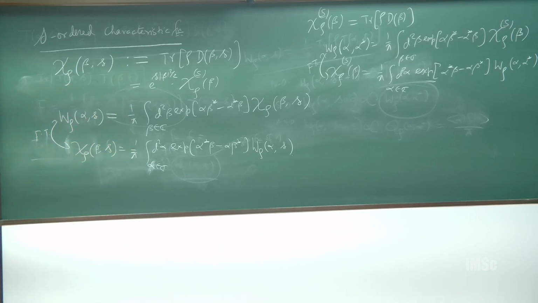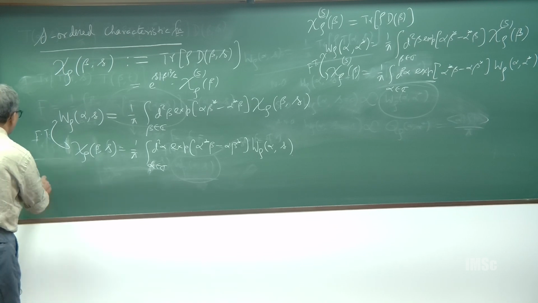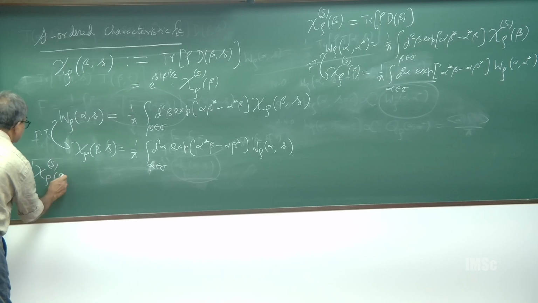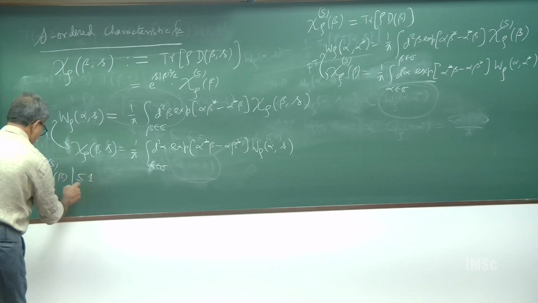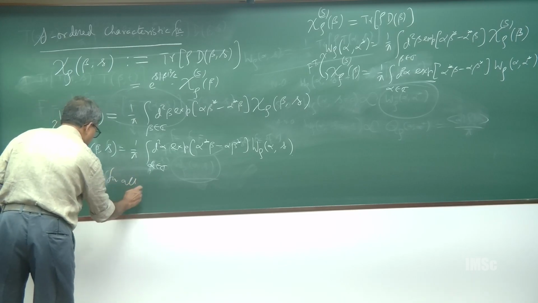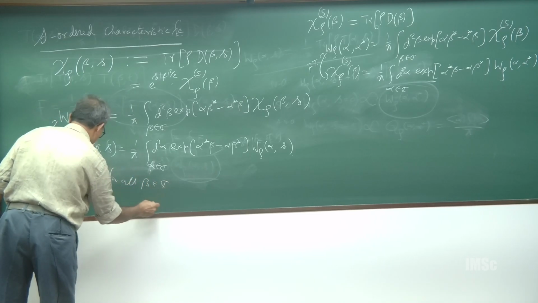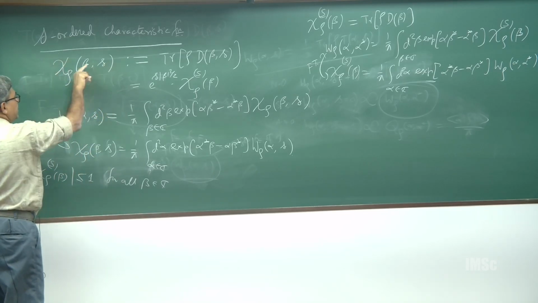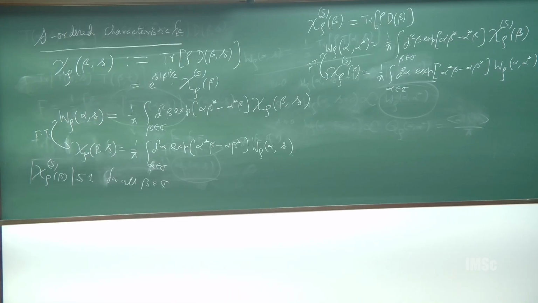Okay, so you can have all these properties through this, because we know that the symmetric ordered characteristic function is less than or equal to 1 for all beta. So, therefore, you can figure out the bound on the magnitude of this. Right.